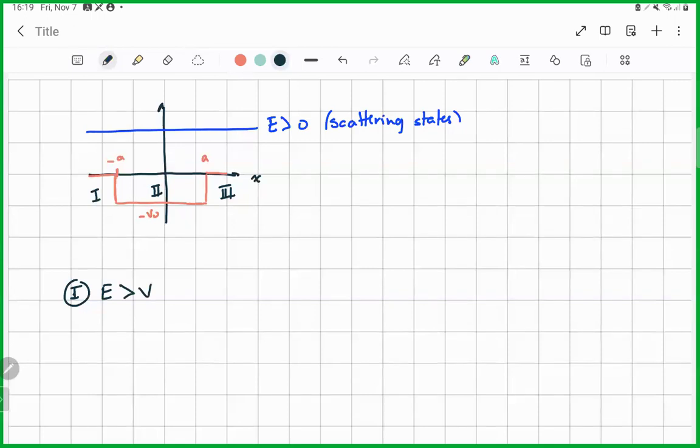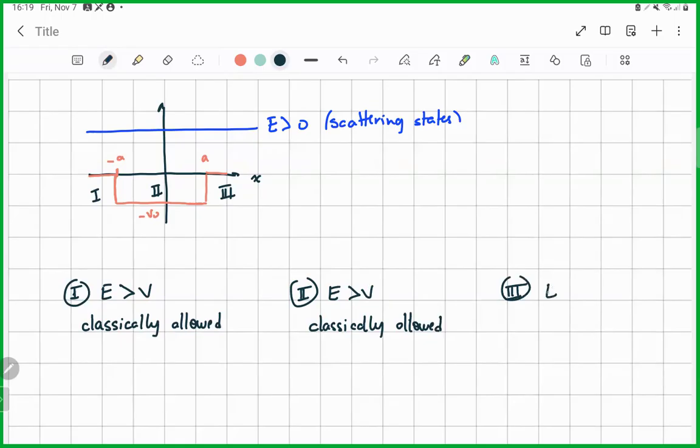So even classically, we would have no problem having this particle there, so classically allowed. Region 2 is the same story. Again, the energy is larger than the potential, classically allowed. And finally, region 3, same story again, classically allowed. So I think we can even copy this and put it there.